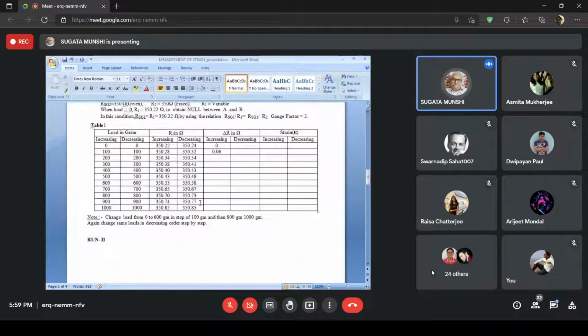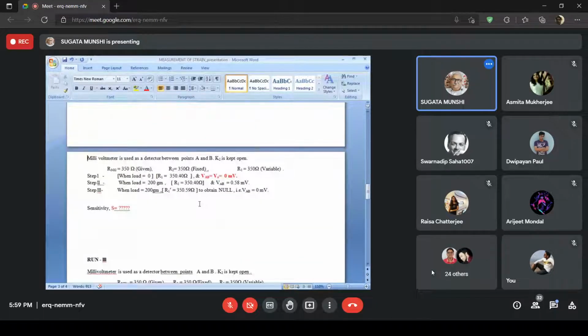Now what will happen here? Step 1, when load is 0, R1 is obtained as, for example, 350.4. All right. Because of some creep taking place inside the bonding between the backing plate and that metal object.